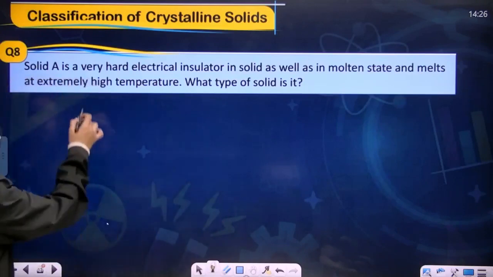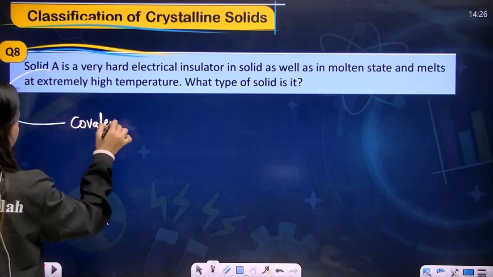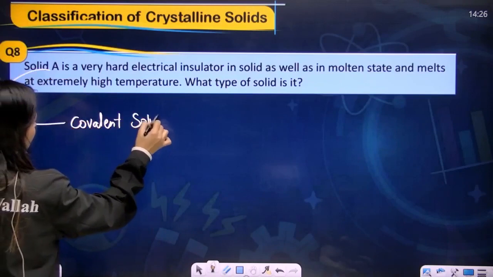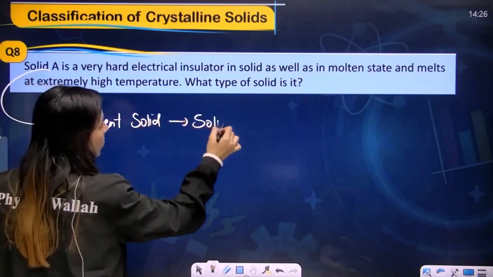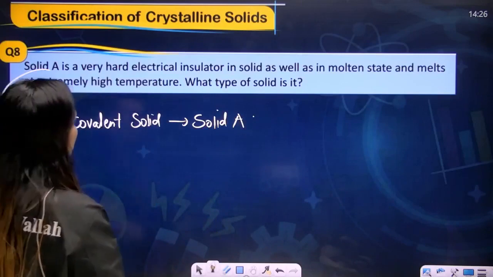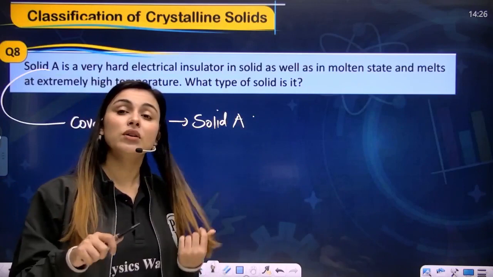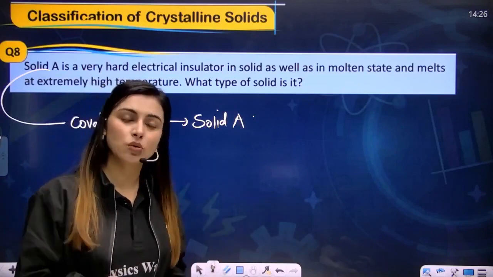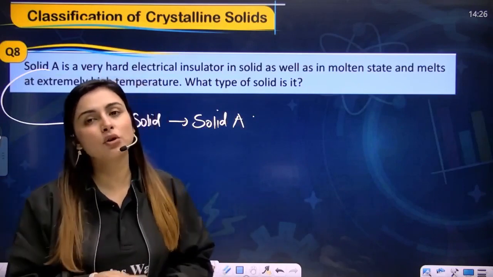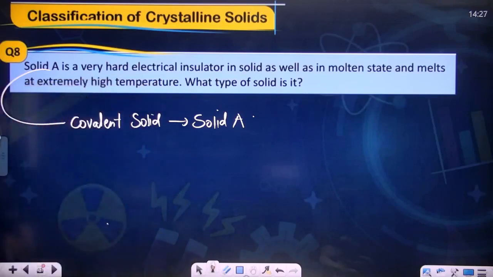And it melts at extremely high temperature. What type of solid is it? It is a covalent solid. If it was a bad conductor in solid state and good conductor in liquid state, it would have been your ionic solid. Okay, perfect. You can pause the video, write it down, and let's move forward.